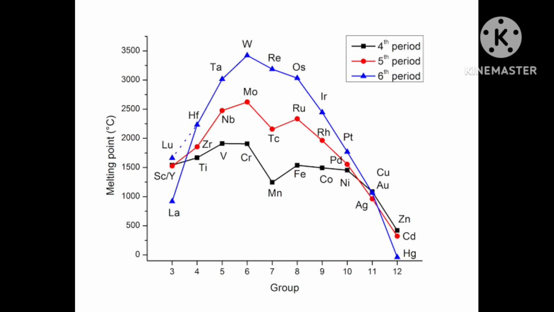Okay. Then if you see the values, you will find all the things. The values for the first three ionization enthalpies of the first row elements. These values show that the successive enthalpies of these elements do not increase as steeply as in the main group elements, meaning other than transition elements.